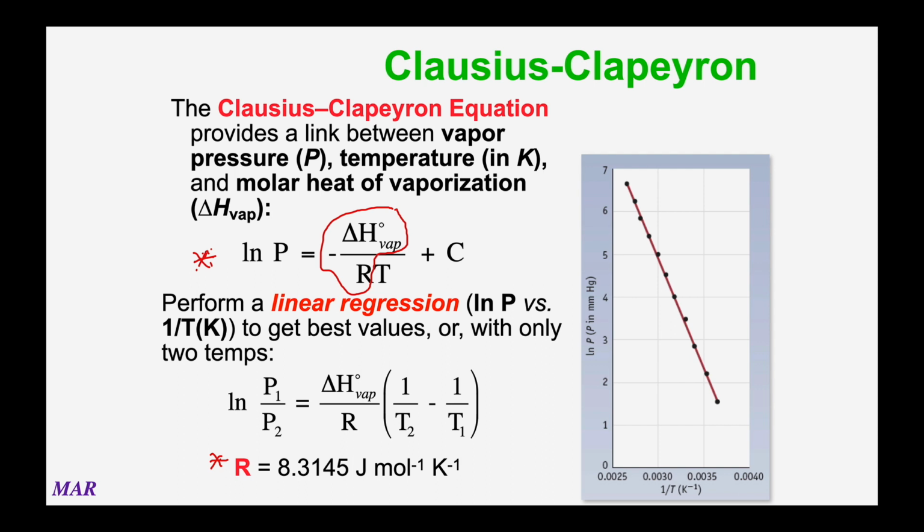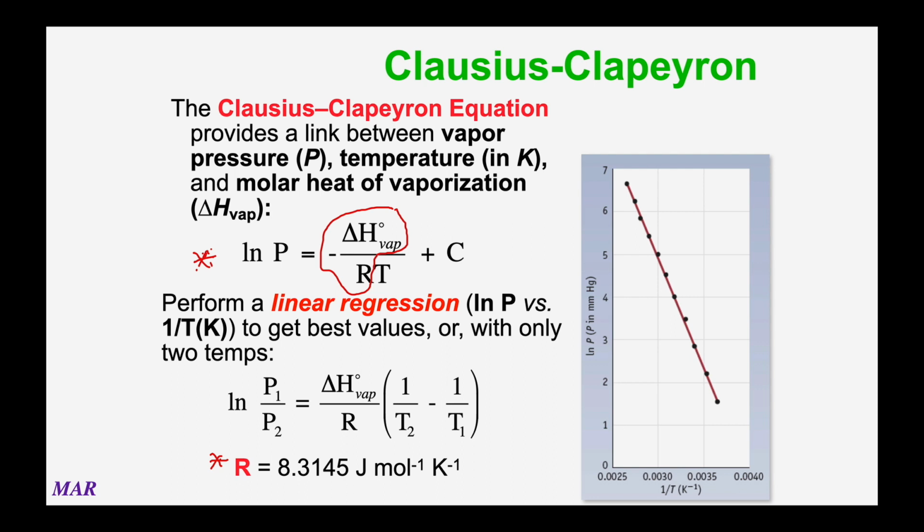You can actually solve for the delta H vap value. Delta H vap will equal the negative slope times R. It comes out to be a value in joules per mole. Linear regression is the math technique that's used to get the best value for slope. And we're going to have a lab about that pretty soon, the linear regression in Excel lab.